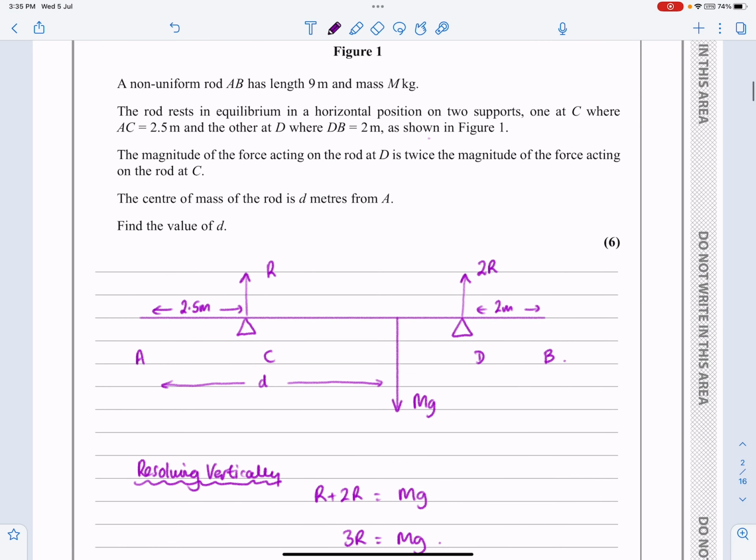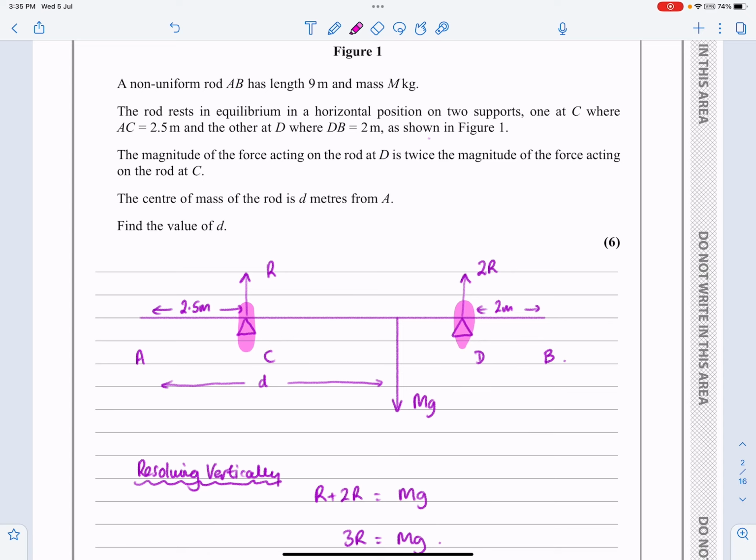That's really helpful, really going to be useful in my next part. What I'm now going to do is take moments, and I just need to be aware: do I need to take moments about this one here to get rid of the variable R? Well, there's no point, because even if I'd got rid of R there, I've still got 2R over there. So it doesn't matter about taking moments about C or D. They're not particularly going to help me.